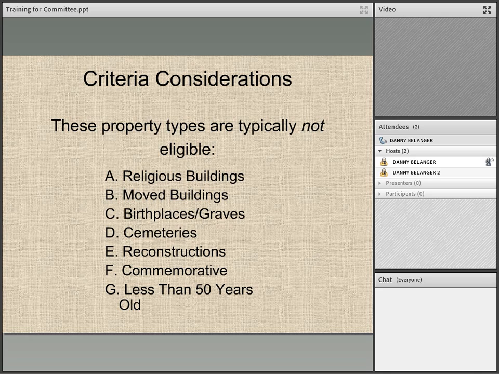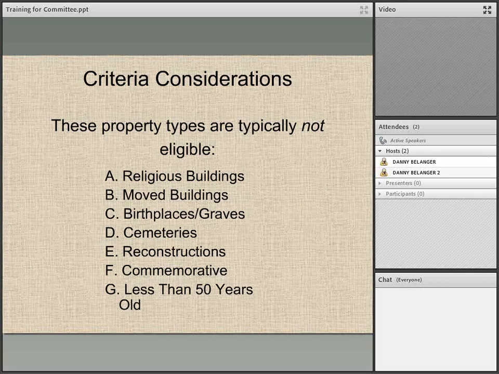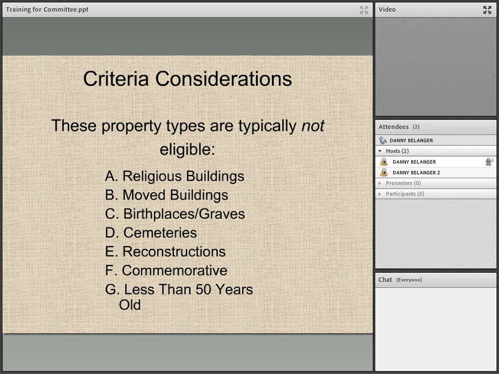Moved buildings are generally not eligible, but if they've left history behind, they can be eligible. Birthplaces and graves are generally not eligible because being born or dying are not significant events, but if it is the only place left that represents a person, they can be nominated.